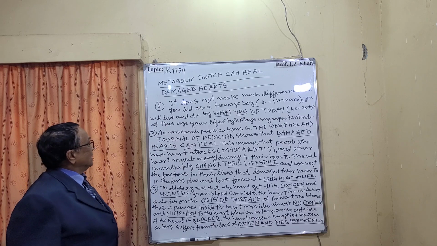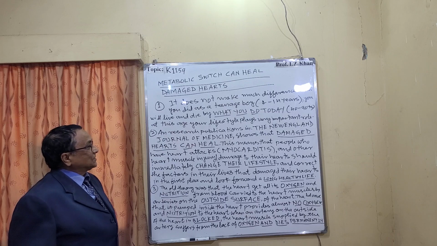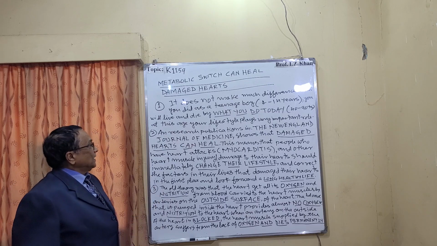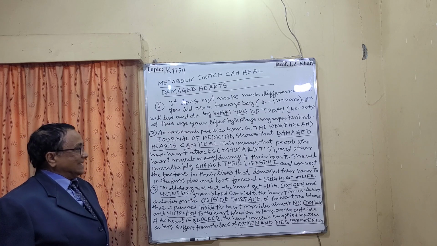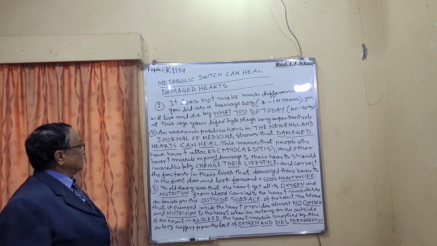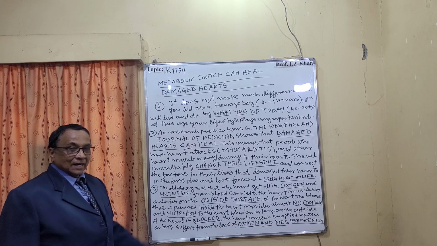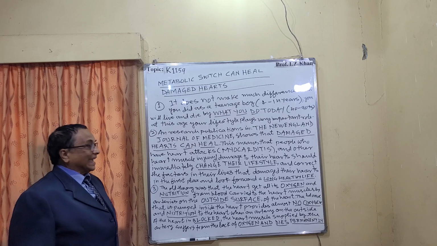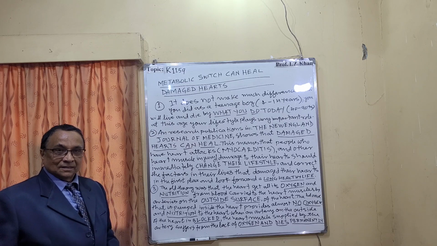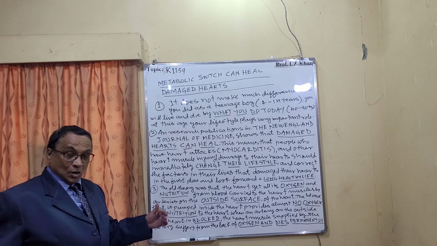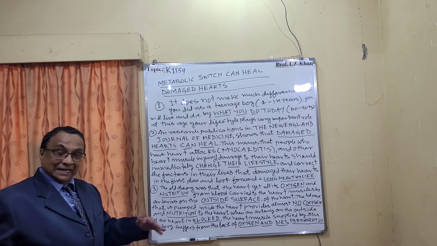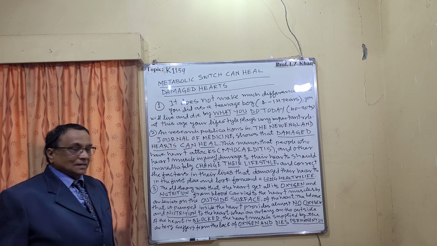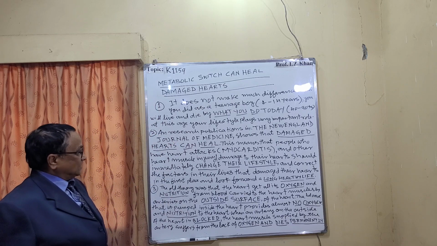Number two, at this age your lifestyle plays a very important role, which I have already told you. Number two, research publications in the New England Journal of Medicine, and I have gone through their research paper, show that damaged hearts can heal. I have already discussed how they mentioned that damaged hearts can heal because of a metabolic switch, and that is possible.